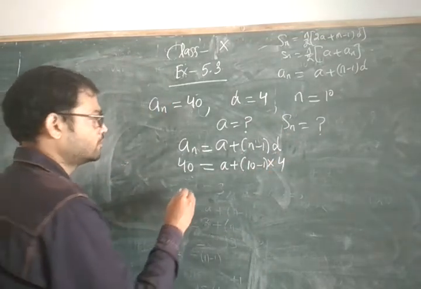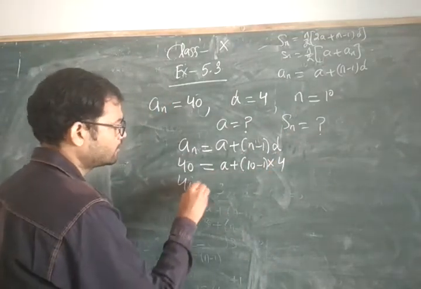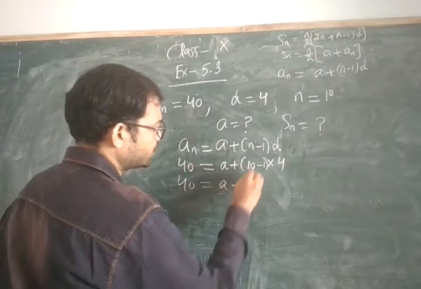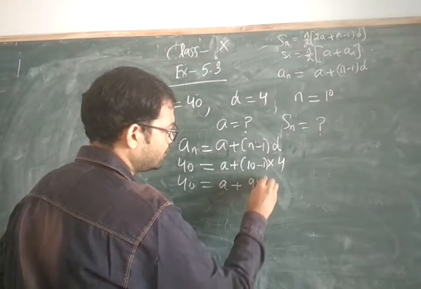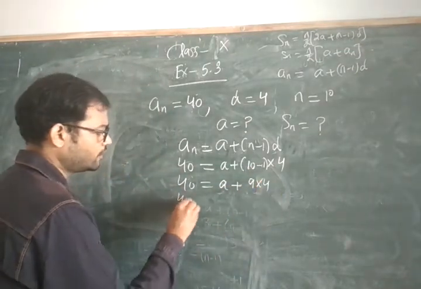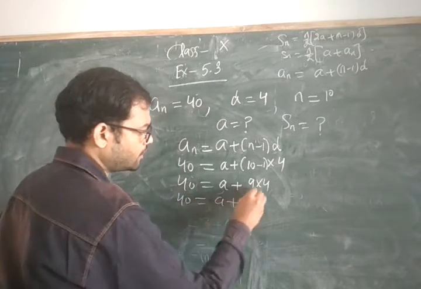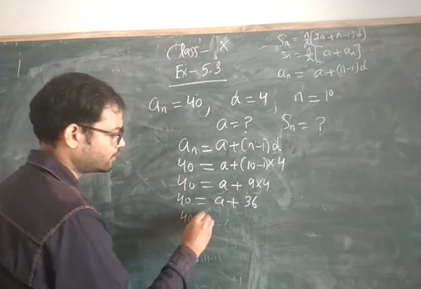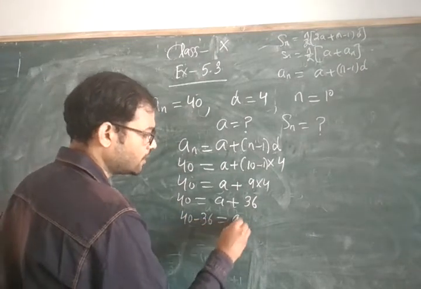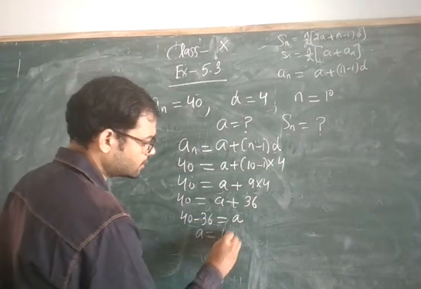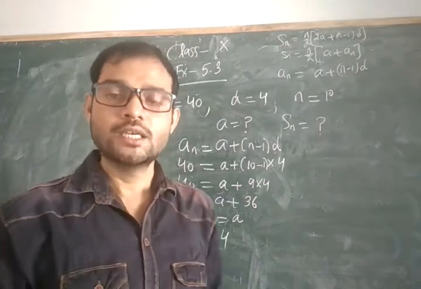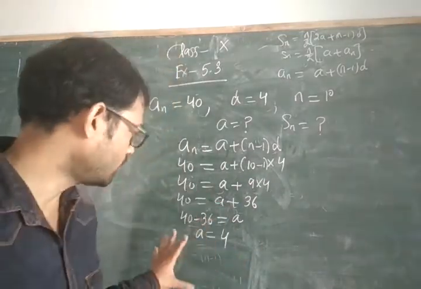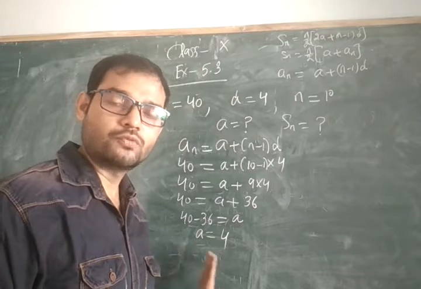So 40 is equal to a plus (10 minus 1) 9 into 4. 40 is equal to a plus 36. Now subtract it. 40 minus 36 will be a. So the value of a is 4. So you can see the value of a we have now already got. a की वैल्यू 4 है.